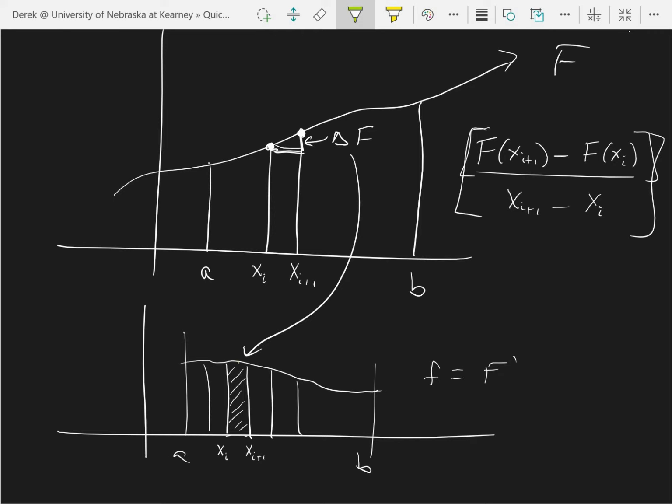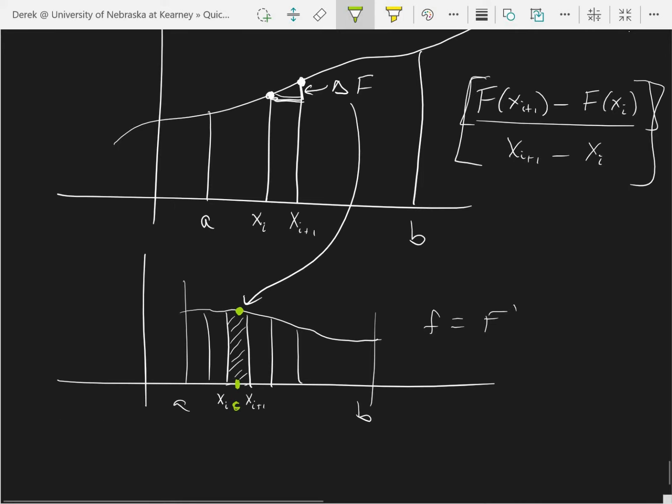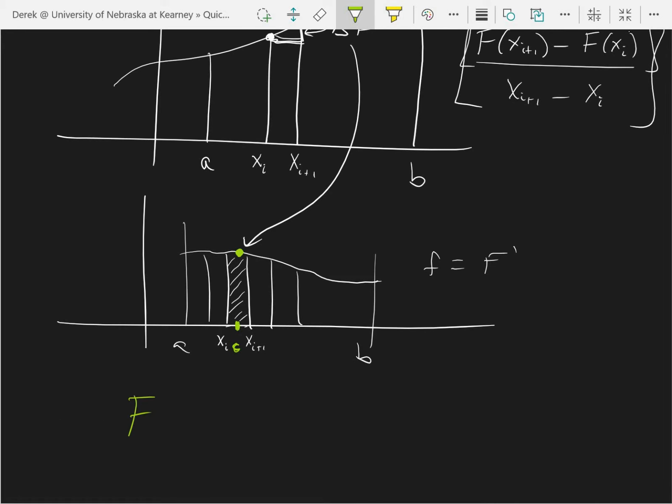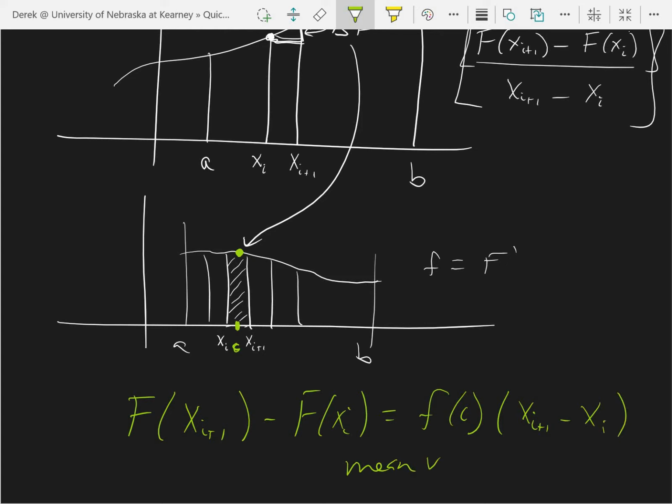There's some point in here, some c value, so that what we get is F at xi plus 1 minus F at xi equals little f at c times xi plus 1 minus xi. That's the mean value theorem.